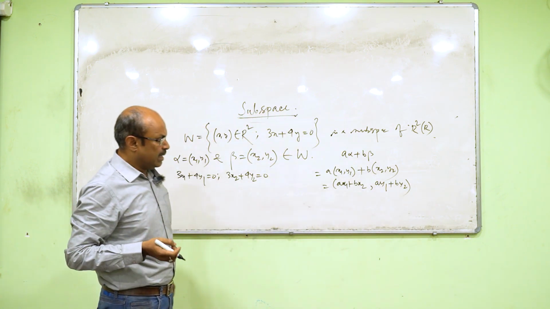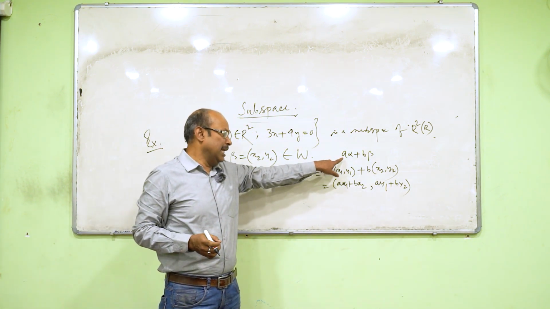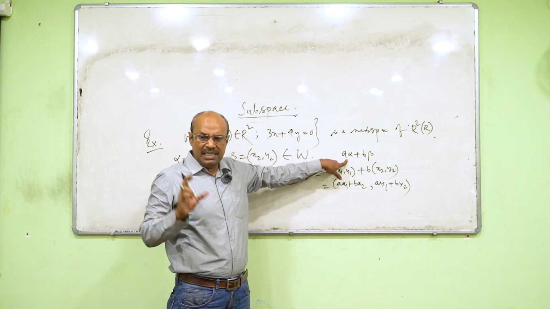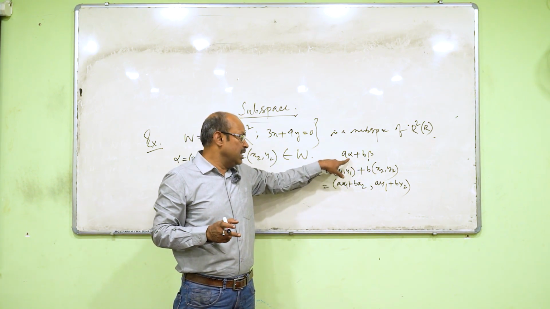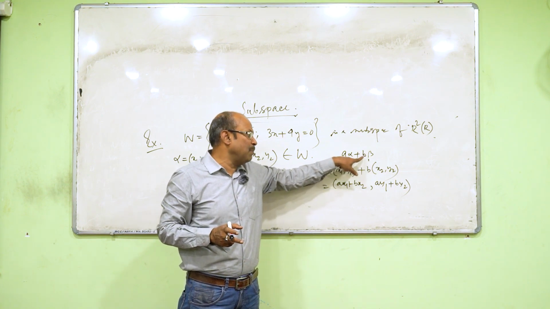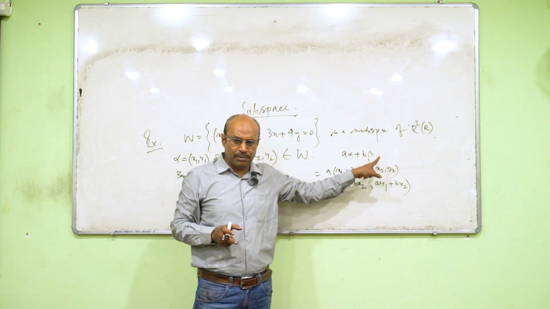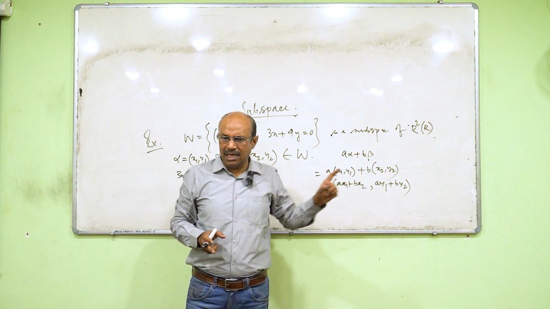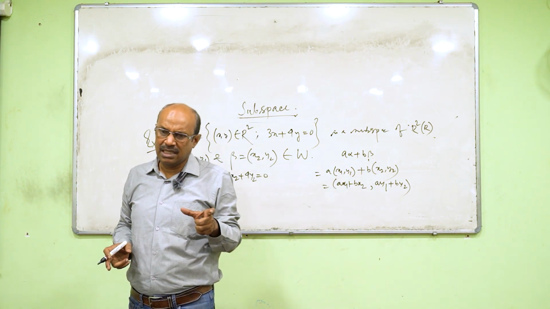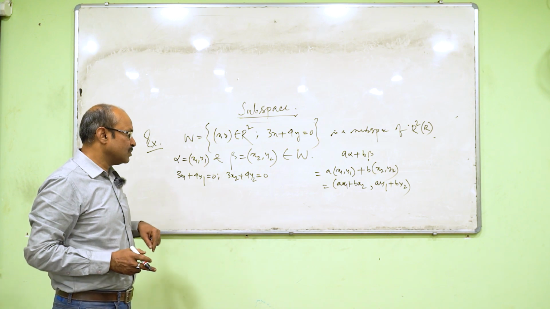If we see that A alpha plus B beta, which is a linear combination of alpha and beta, also belongs to capital W, then W is a subspace, because this is the criteria to get a subspace.